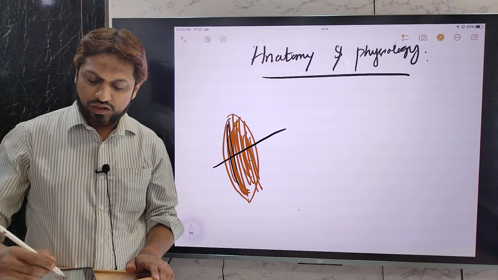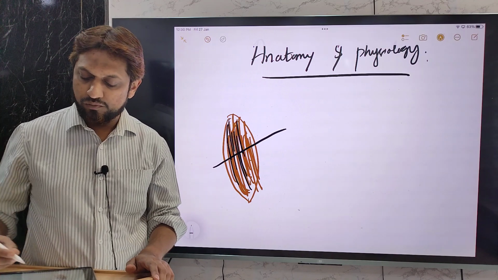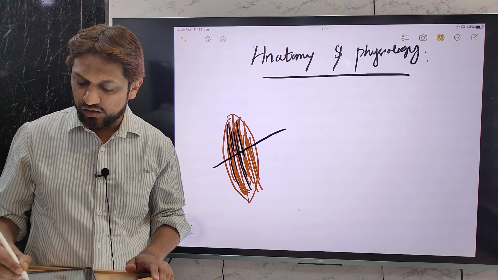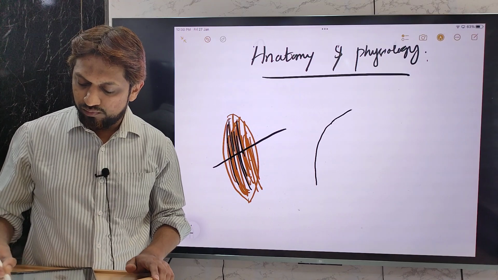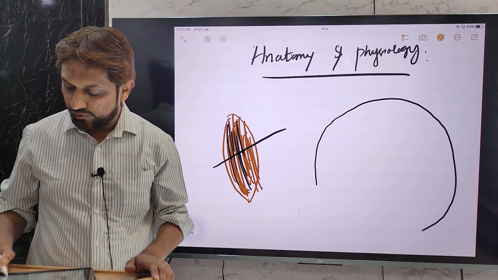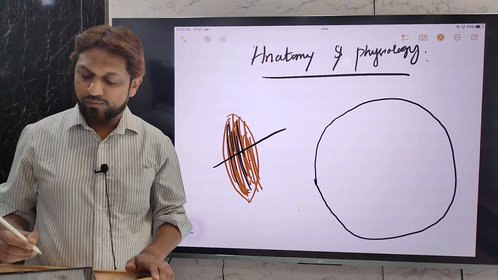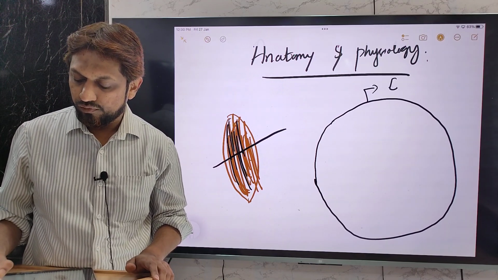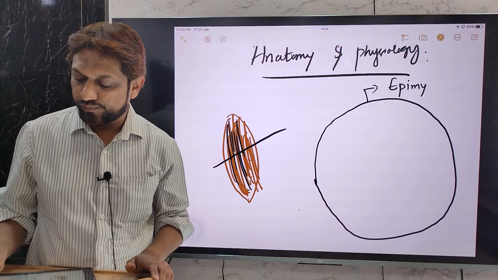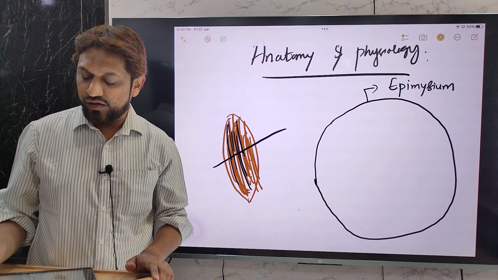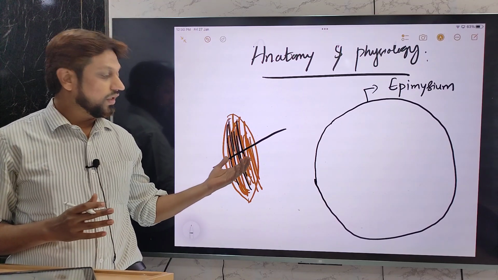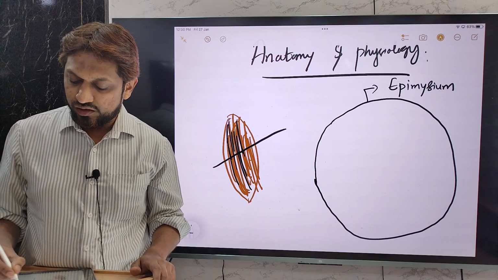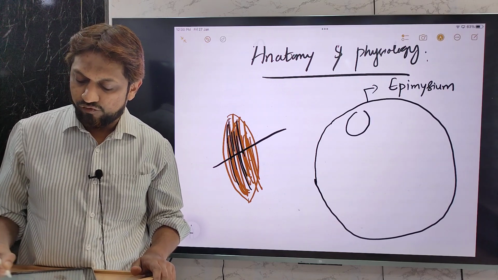There is an outer covering of connective tissue. That outer covering on the muscle belly, the connective tissue covering the outer aspect, is known as epimysium. Inside this muscle belly, muscle fibers are present in the form of bundles.